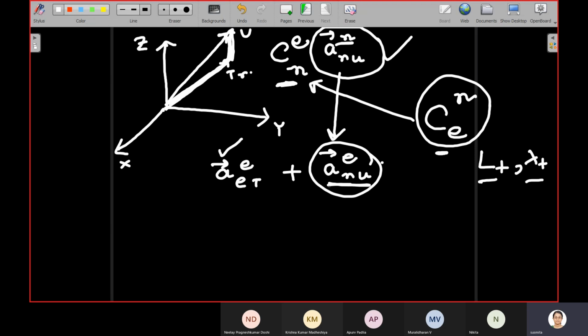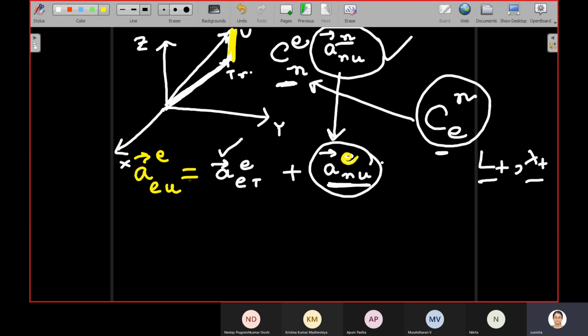This will give this vector in the ECF frame. And you just need to add the two vectors to get the user coordinate in the ECF frame. Okay. This is one way of doing it.